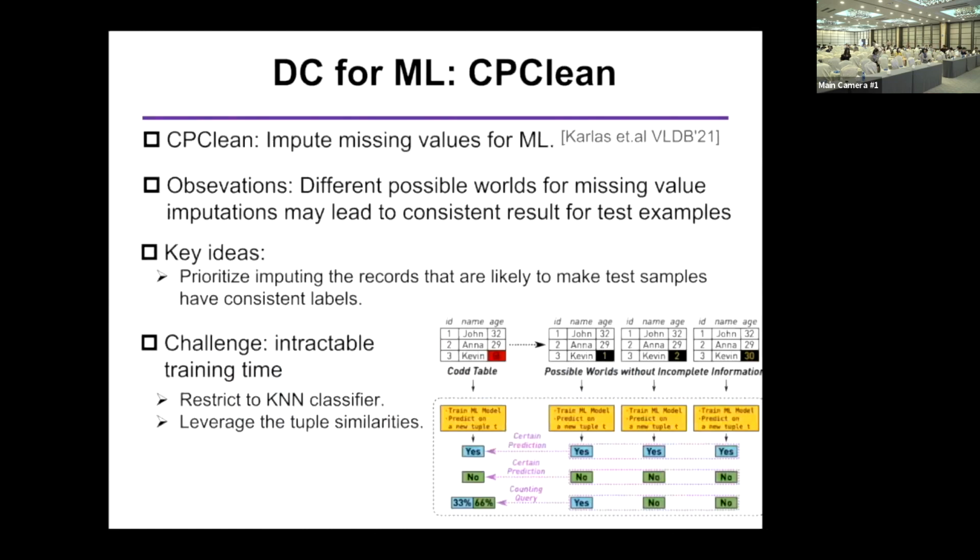So CPClean focuses on reasoning about the impact of missing values on downstream machine learning tasks. We suppose a dataset has n missing values and the domain set size is m. We have m^n possible imputations. So all the imputations constitute a possible world, and each of them corresponds to a model.